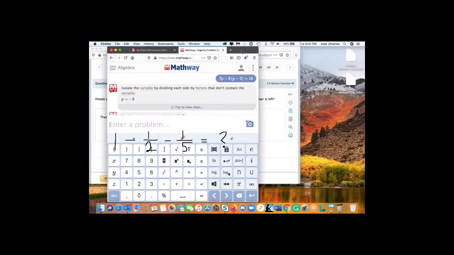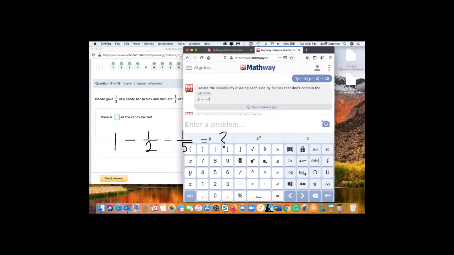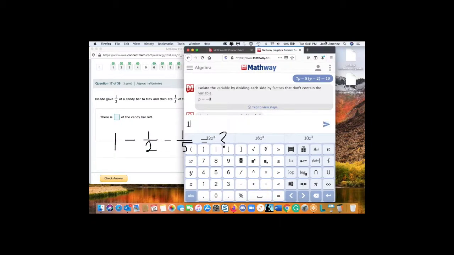Let's put it in Mathway. Same idea. 1 minus 1/2 minus 1/5. And that's all we need.